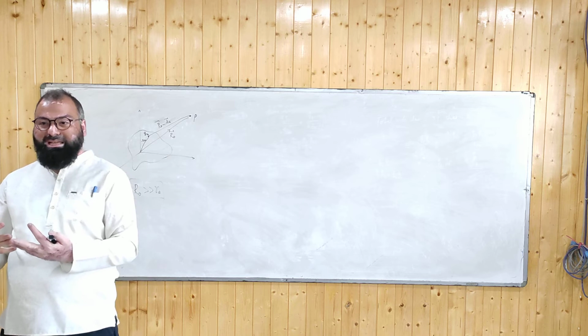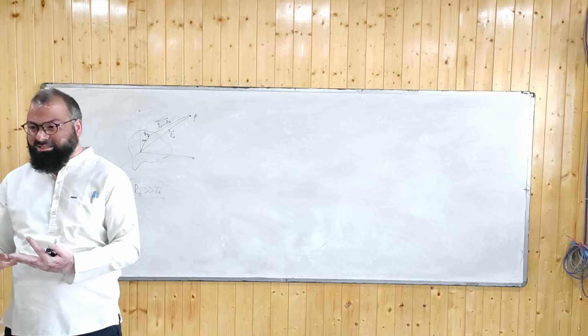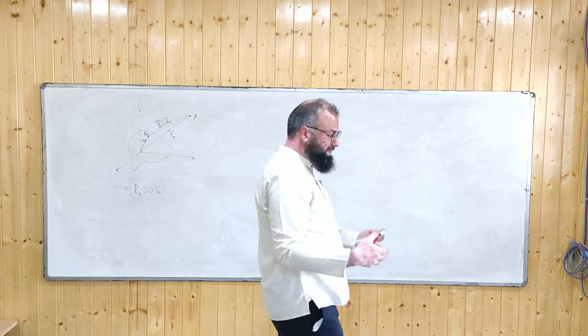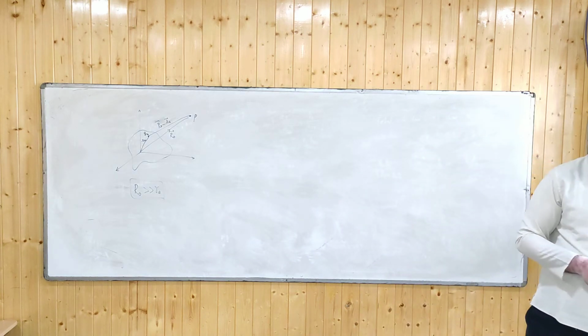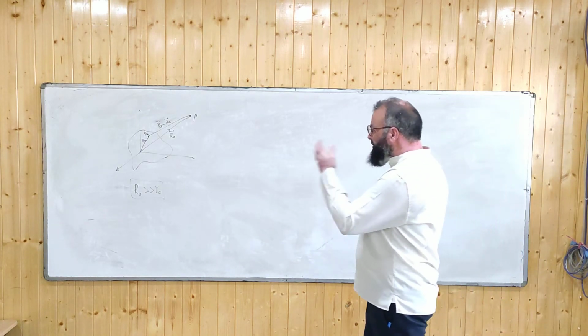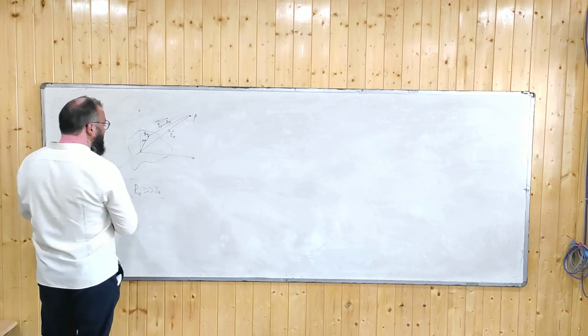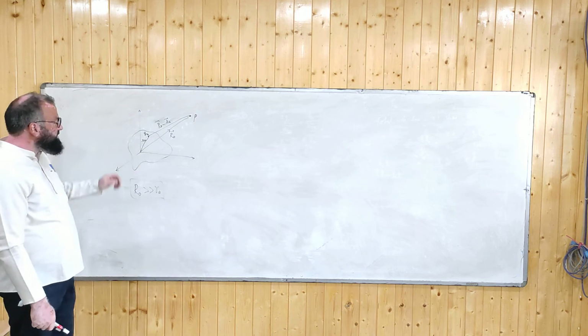You got my point? If the observer is sitting far away from that kind of distribution, how does the field look? Let's try to understand that. Technically this kind of analysis is known as multipole expansion. We are doing the multipole expansion of a given charge distribution.